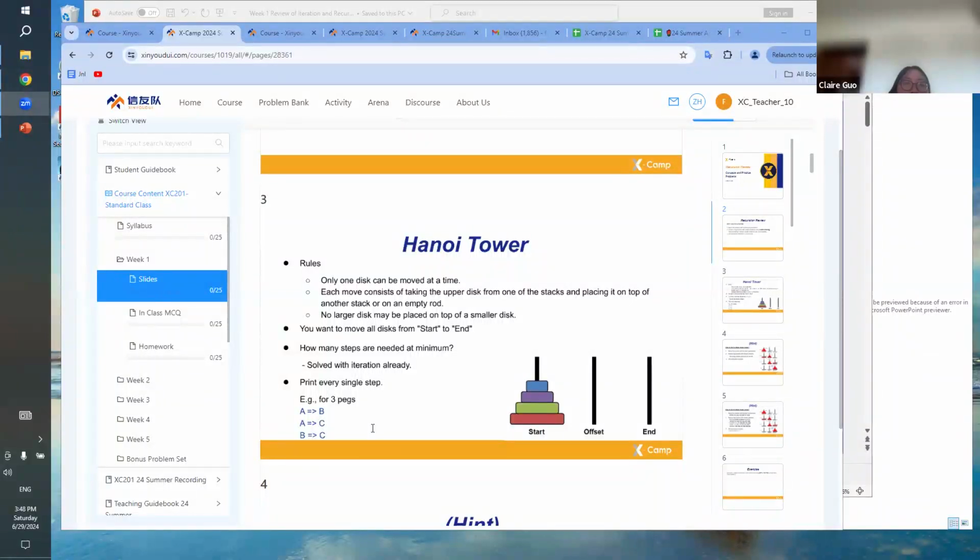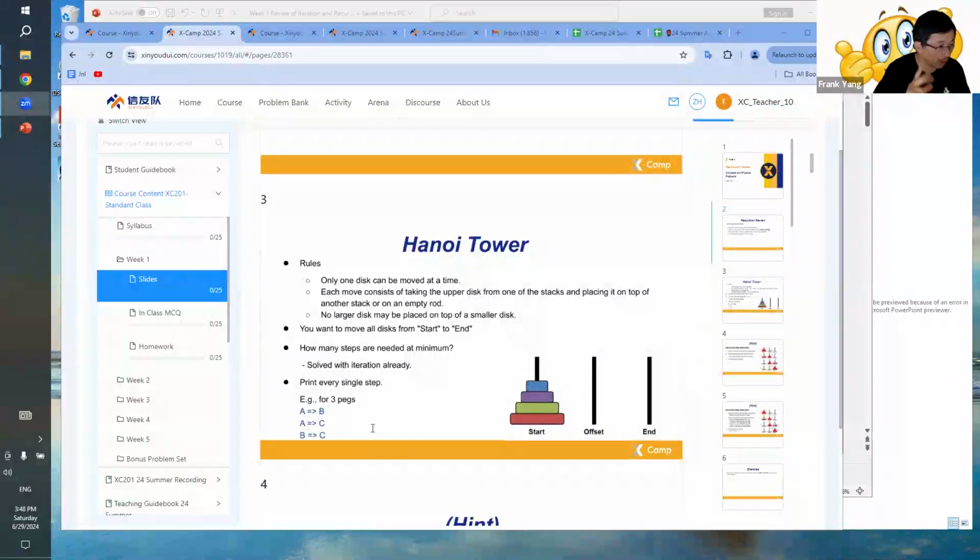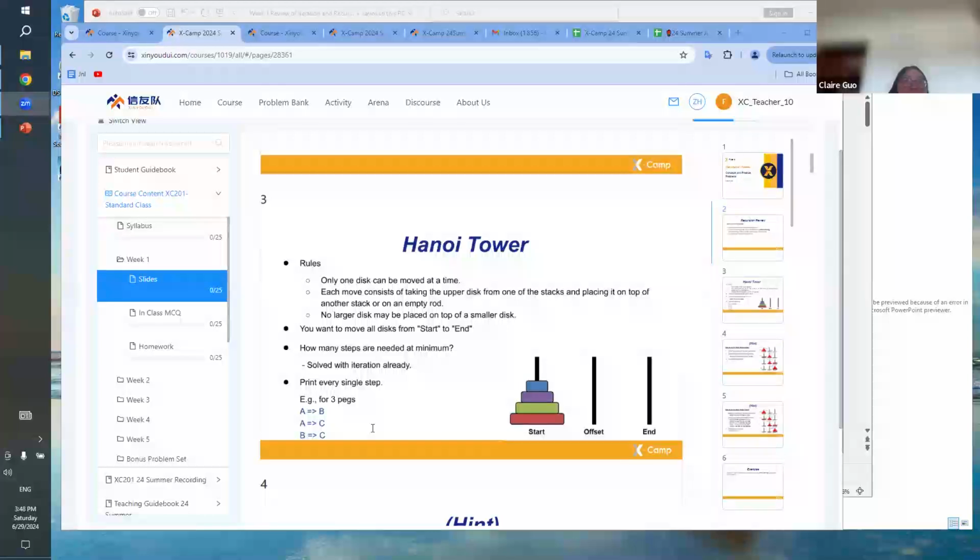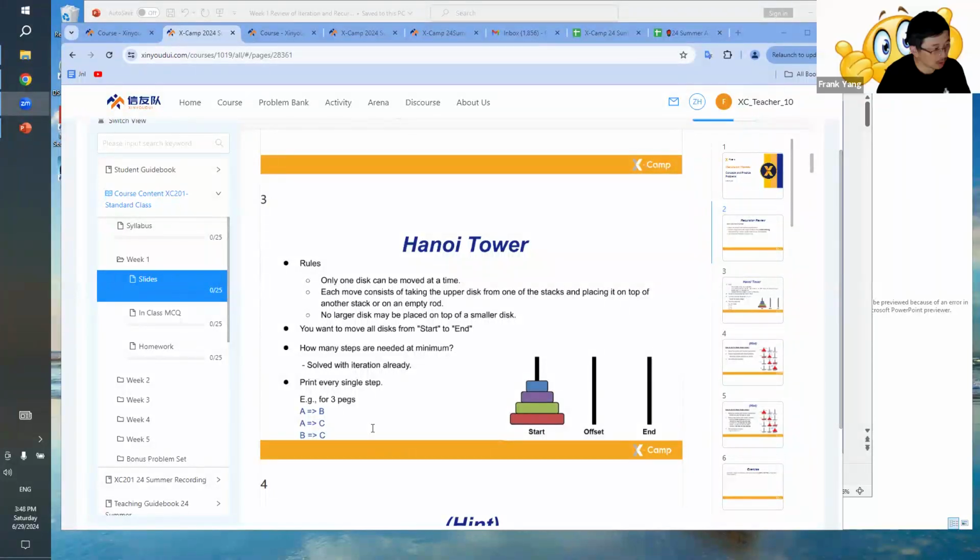For Hanoi Tower, you have to place like... No, not the solution. We talked about the two Hanoi tower problems. One can be solved by both iteration and recursion. One can only be solved by recursion. So what are these two problems? Do you remember, or do you know?